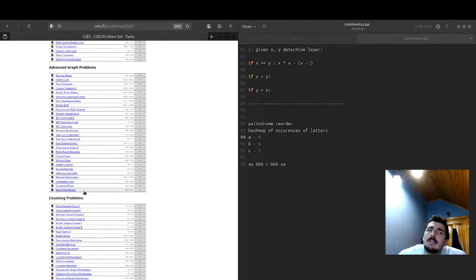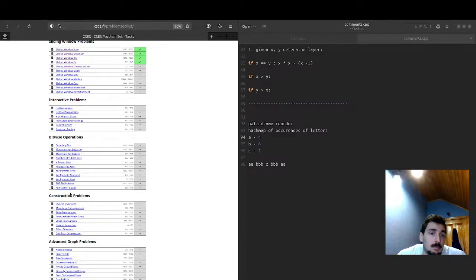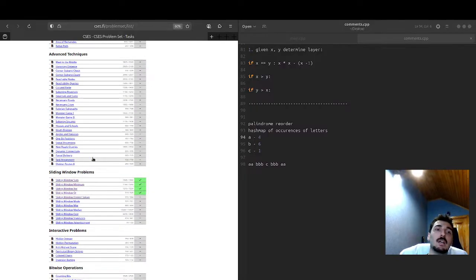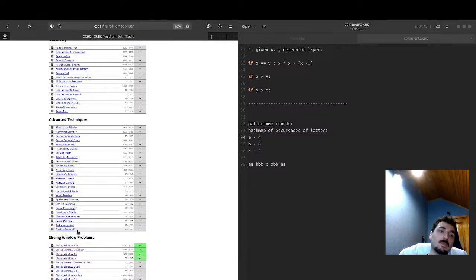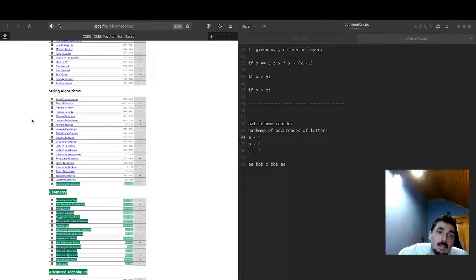Advanced graph, a lot of work. Construction, I don't even know what that is. Bitwise operation, it's gonna be tricky, it seems easy, but it's gonna be tricky for me because I suck. Interactive problems, I'm not sure what it is. Advanced techniques, of course hard. Geometry, yuck.